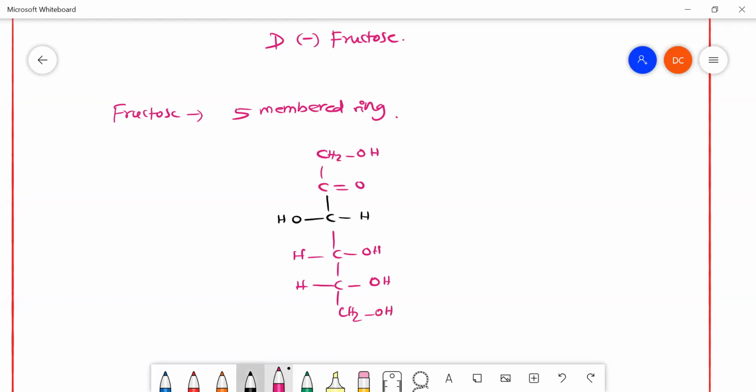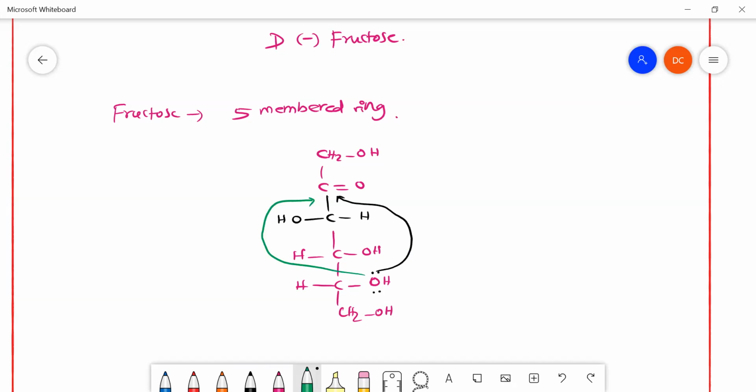Now, to make the big ring, the fifth carbon will attack either from this side or from this side. That is how both alpha and beta forms can form, but it forms only a five-membered ring.